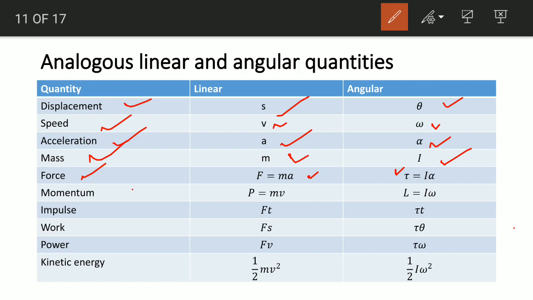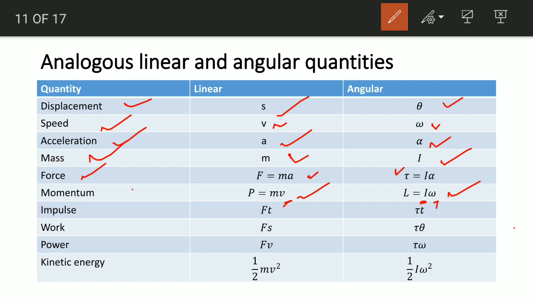Now for momentum, in linear motion, momentum is mass times velocity, that's mv. For angular momentum, the mass now is I, which is moment of inertia, then the velocity is omega, which is angular velocity.